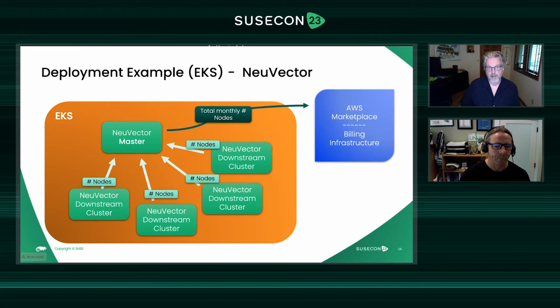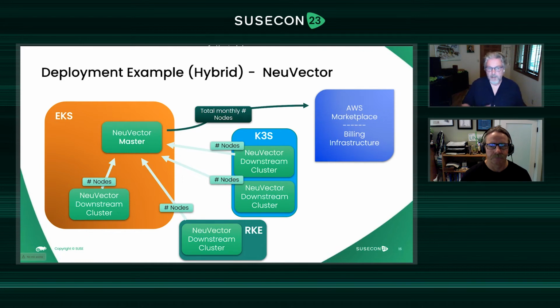Ron? Yeah, if you go to the next slide, Robert, that second scenario is highlighted. As long as the primary is running on the CSP platform that you are targeting, then wherever the downstream clusters are running, it'll aggregate those node counts and monetize through that CSP.